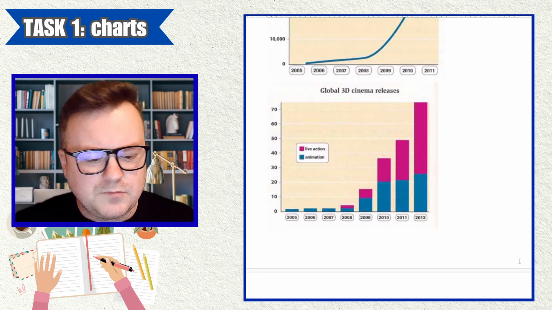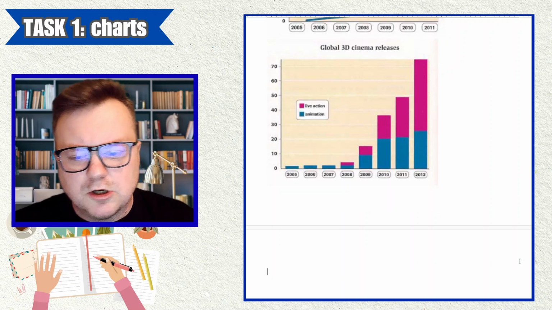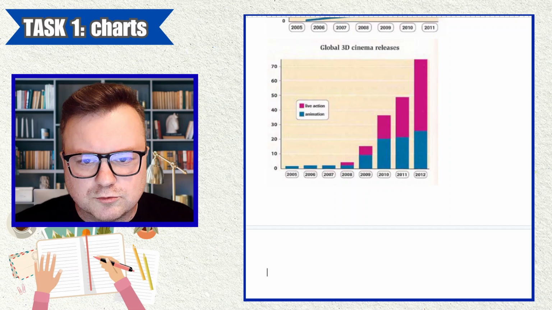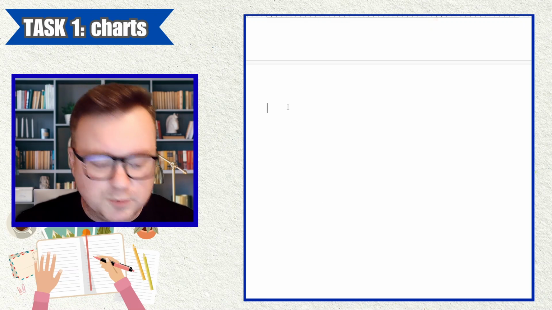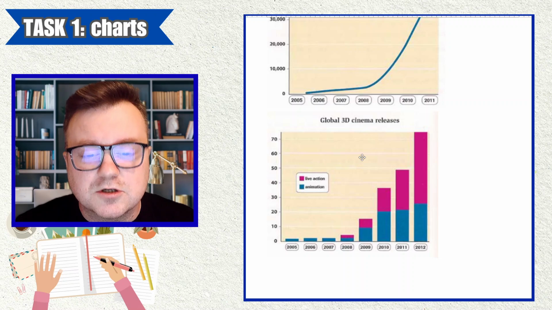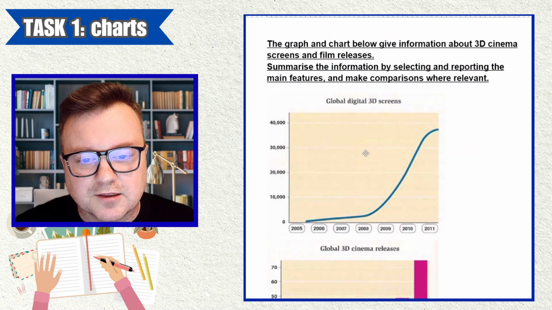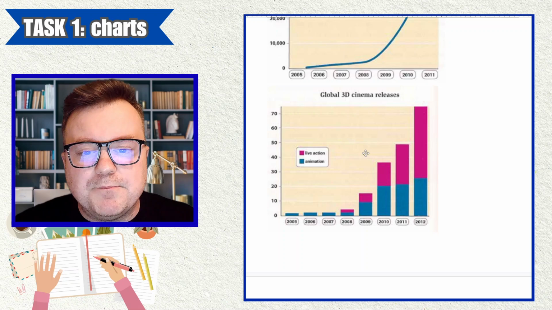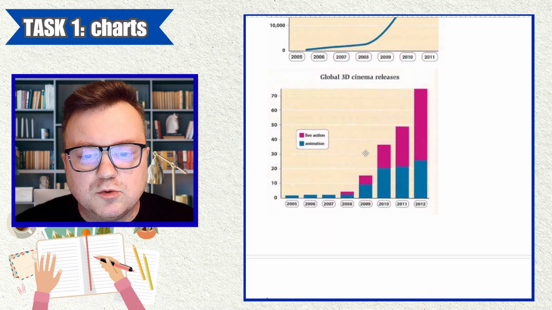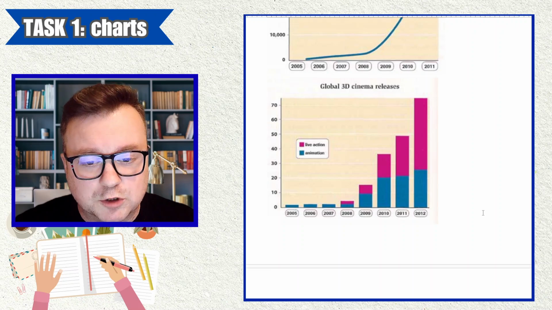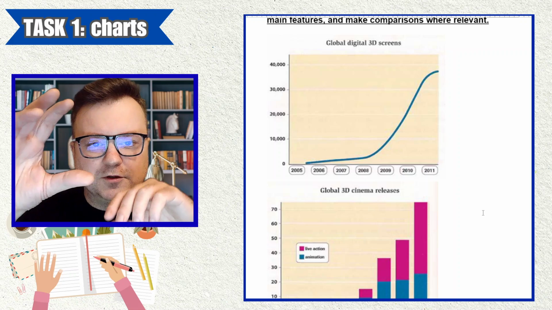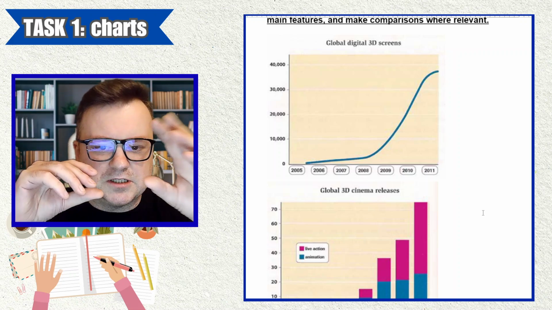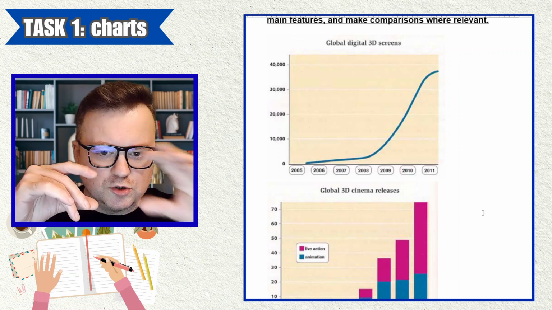But if you don't know the structure of an IELTS writing task 1, there are two common structures. Normally the textbooks, like the Cambridge books, Complete IELTS, they usually go with a 3-paragraph structure in their model essays. So they have an introduction, overview of key feature 1 and details, and then overview of key feature 2 and details.